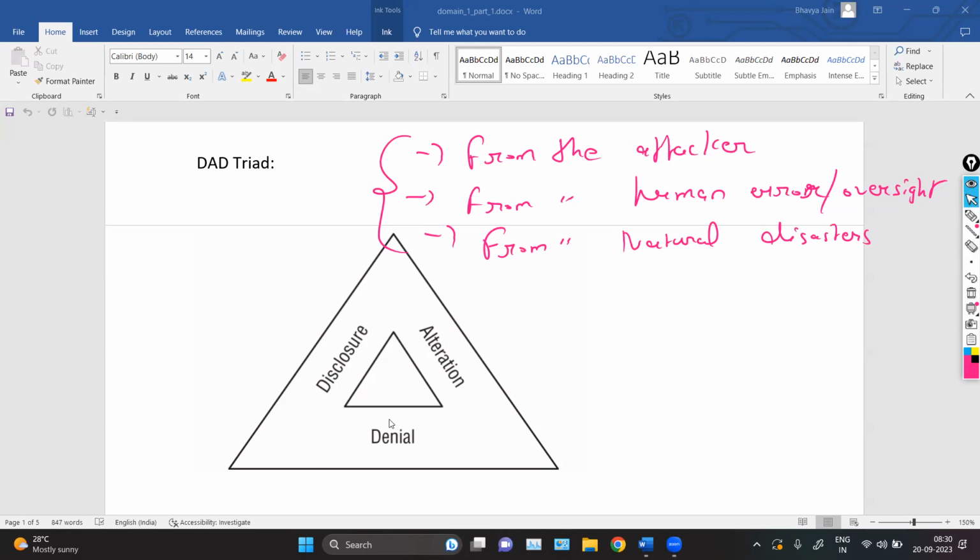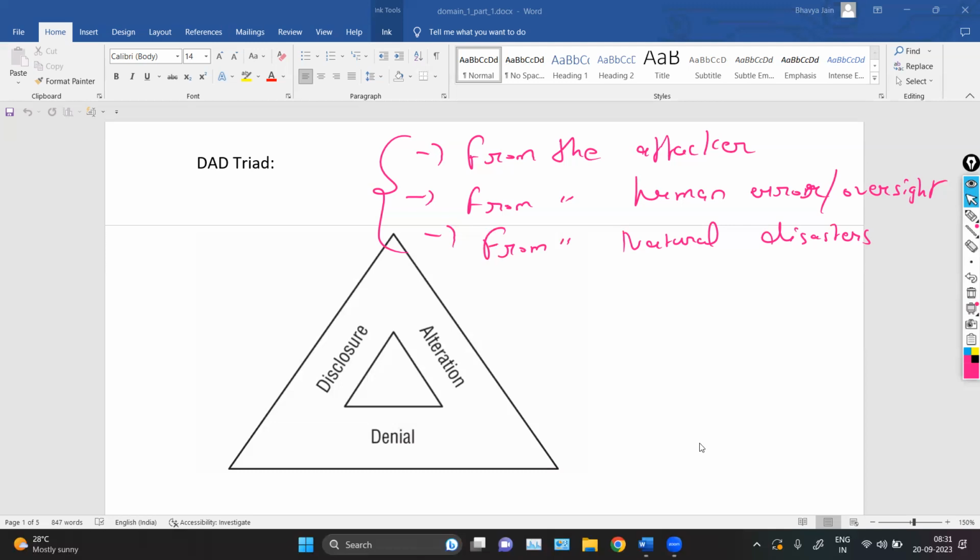Let's say a database administrator, who manages the data and is the admin of the database, by mistake reveals the username and password, or mistakenly modifies data inside our database. That is human error. We cannot say it is an attack from the database administrator; it is just a human error or oversight. That is also part of cybersecurity.